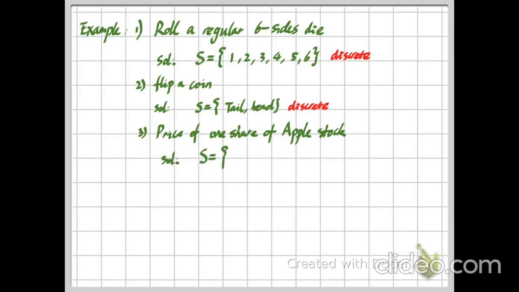If we assume X shows the price of this stock, we can write S is equal to X given X is greater than or equal to 0. This is the sample space. So the price of Apple stock can be any non-negative value.